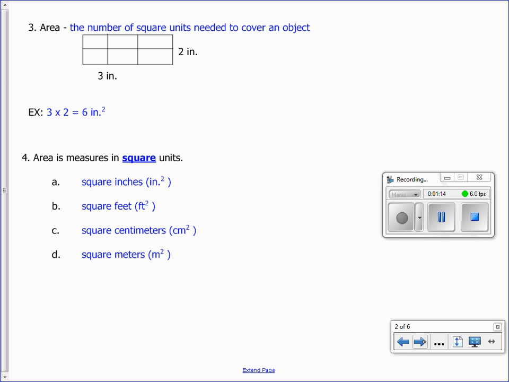All right, and number 3, the area is the number of square units needed to cover an object. So it's going to be the square units on the inside. In this example, you have 3 inches by 2 inches.